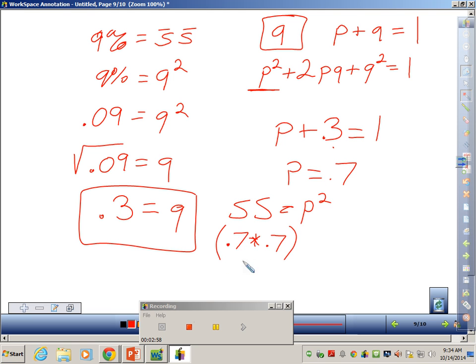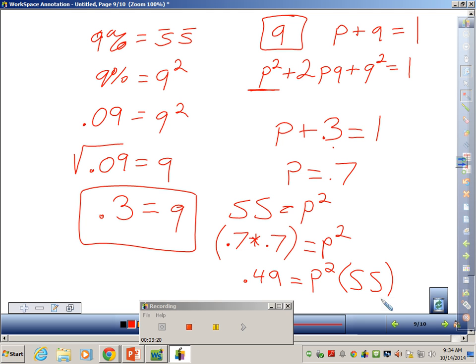We know that is going to give us P squared. So what's 0.7 times 0.7? 0.49. So 0.49 is the probability of individuals in that population that will be P squared, otherwise known as big S, big S. Okay? That was C.